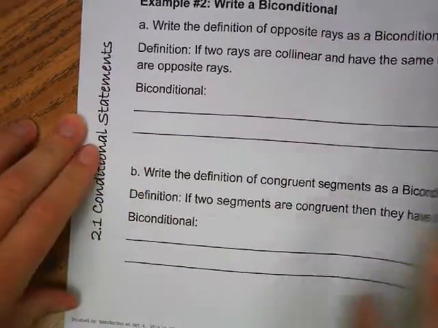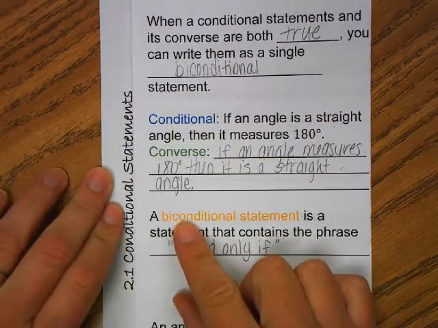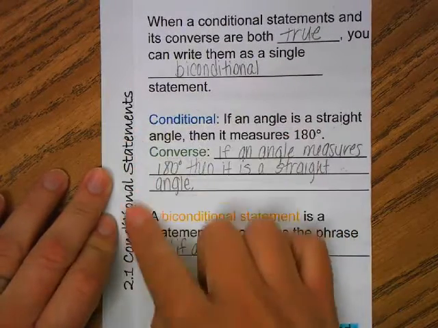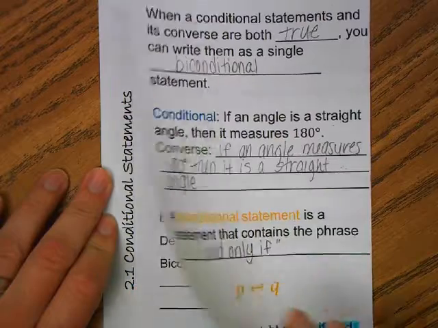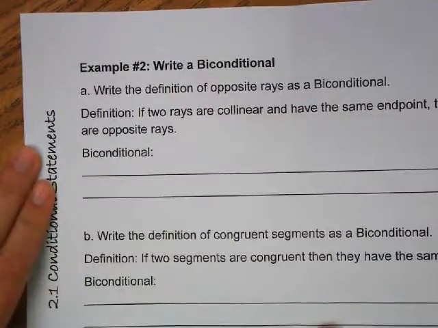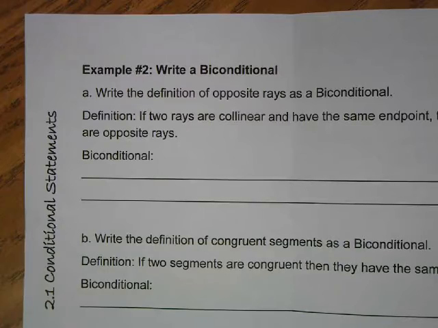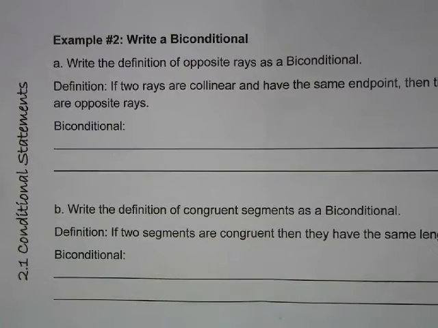All right? So making sure that you folded this the same way that you folded page 11, where you can still see the title of this section, because all three of these pages are all section 2.1. So now we're going to write a biconditional statement. So it says, write the definition of opposite rays as a biconditional.